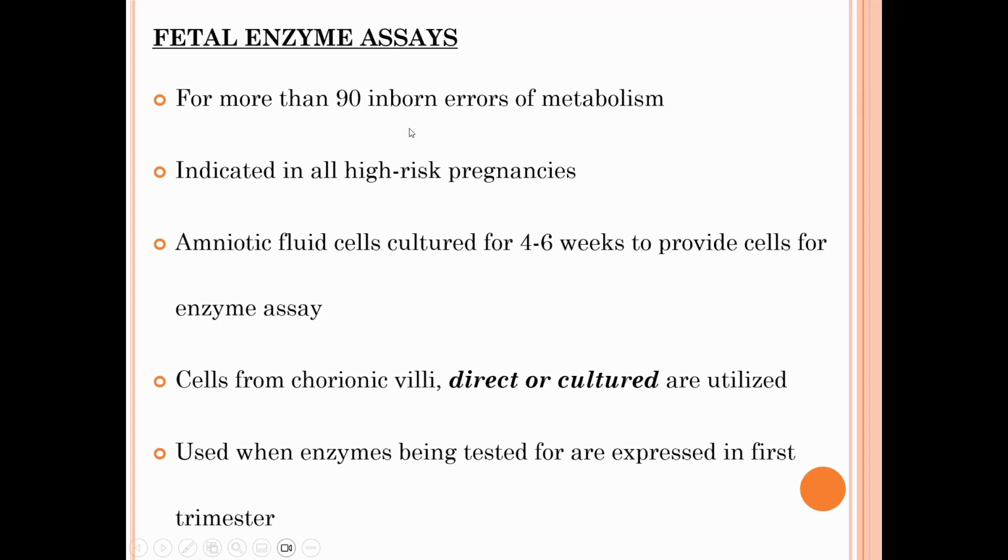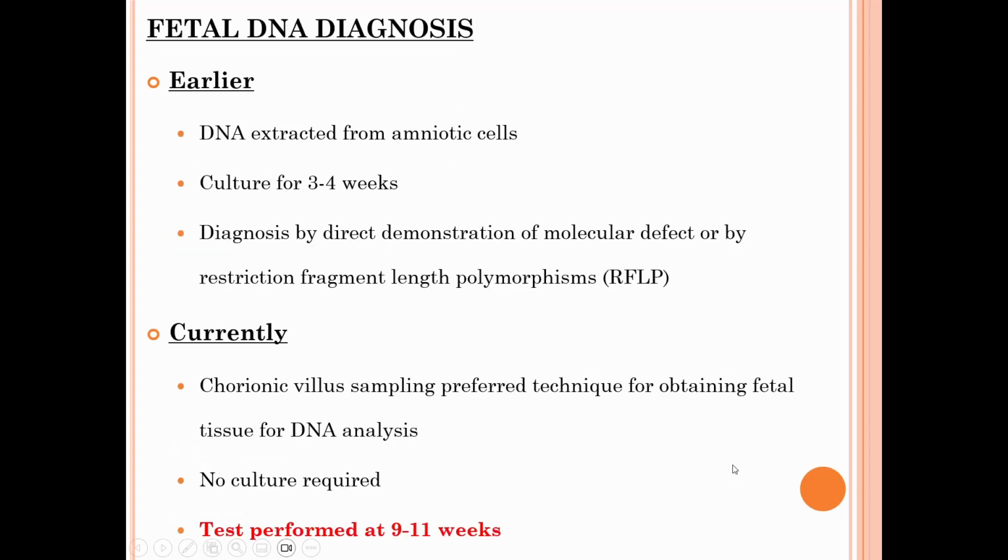Here there are so many inborn errors, I think you would have read in biochemistry what the inborn errors of metabolism are. Cells from chorionic villi, direct or cultured, are also utilized. Okay, used when the enzymes being tested for are expressed in the first trimester.